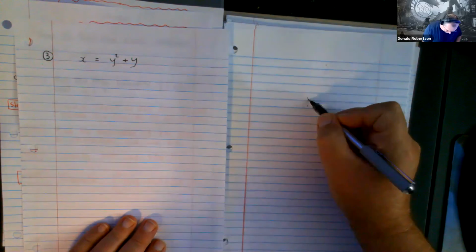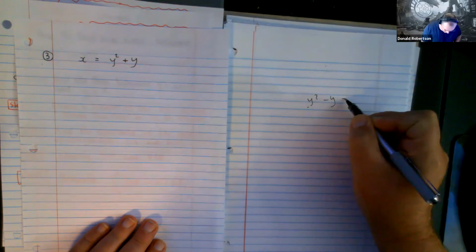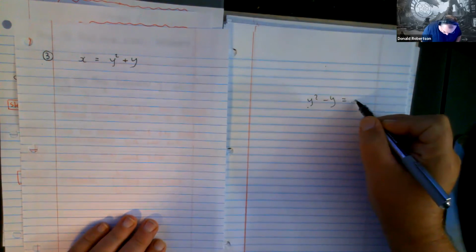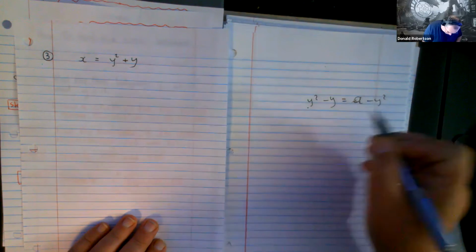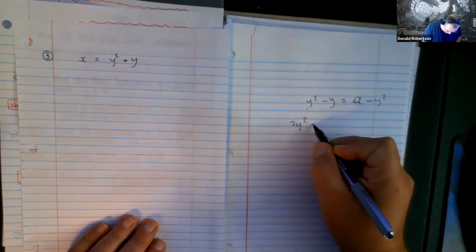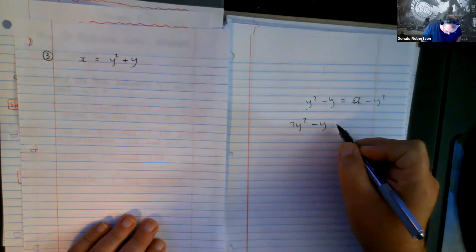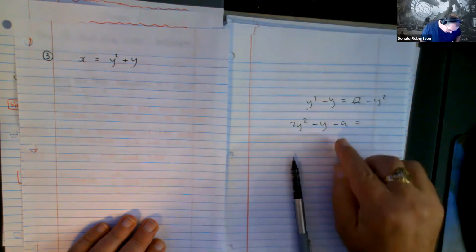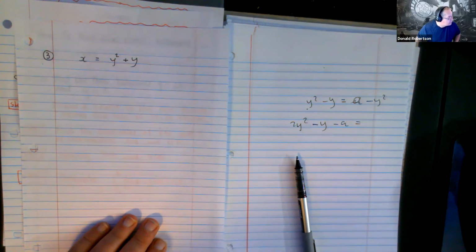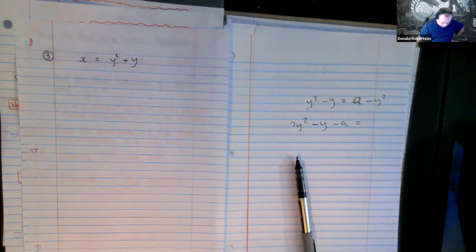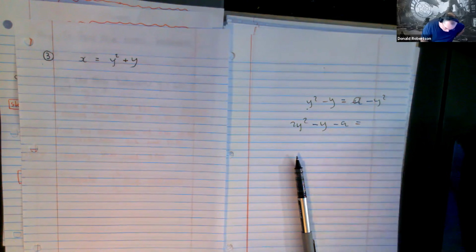So it's going to be y squared minus y is going to equal some guy I haven't made up right now. Take away y squared, so it's going to be 2y squared minus y minus an a. If I make a 3 that should do it. Let's check that one out. Why didn't 3 work? 3 looks really nice.